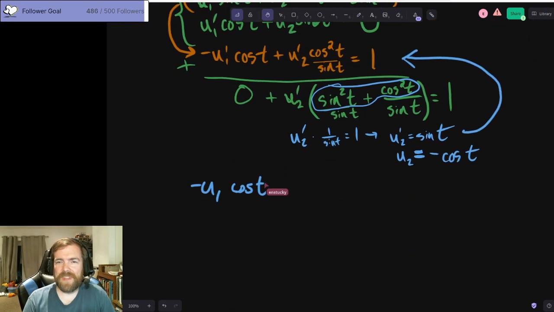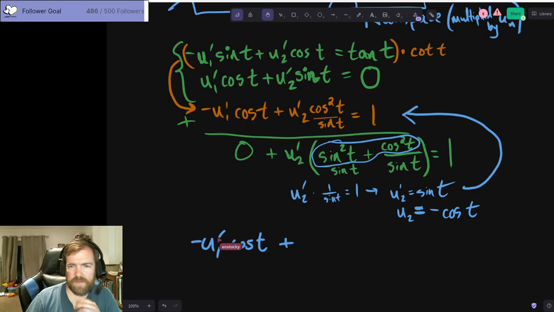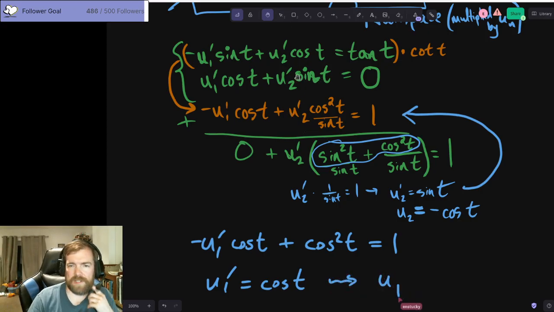Cosine of t plus. So this is also a note to other students who may not have seen this before or have a habit of, I need to go back to the original equation. No, you don't. If you know, right, you don't even have to plug in u2. We know in this case that u2 prime is equal to sine of t. We've got all this stuff in terms of u2 prime. Obviously, just plug it in there.